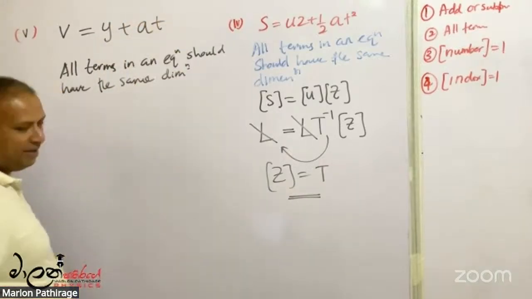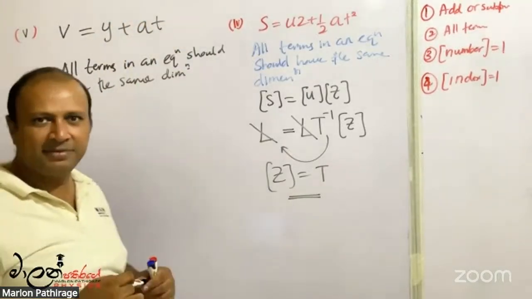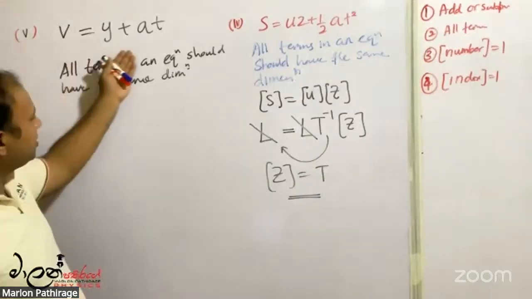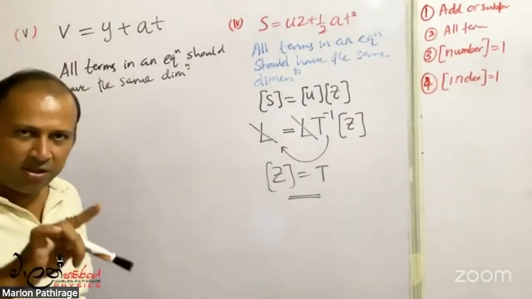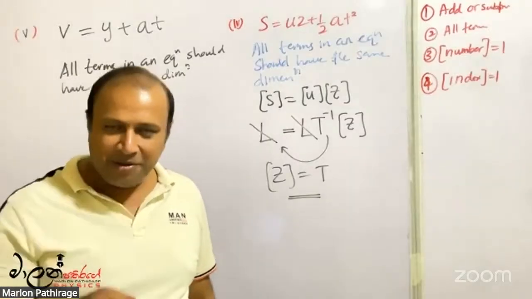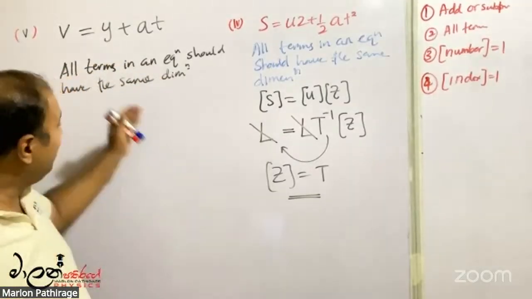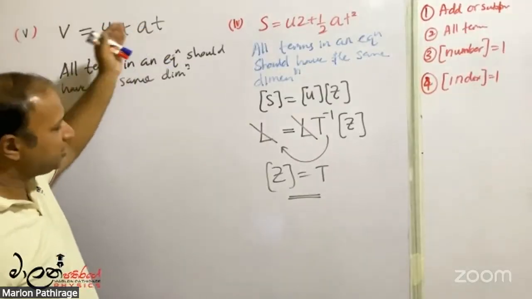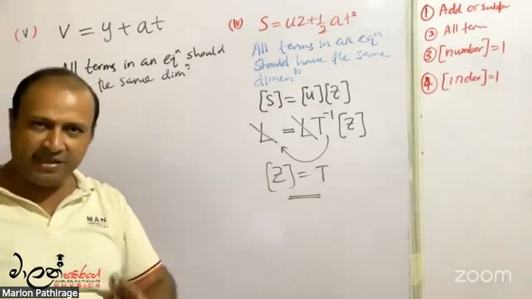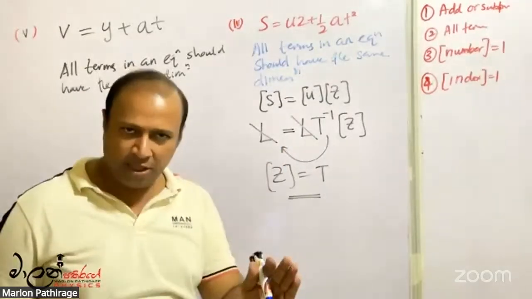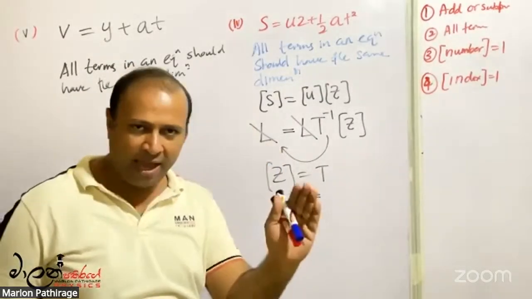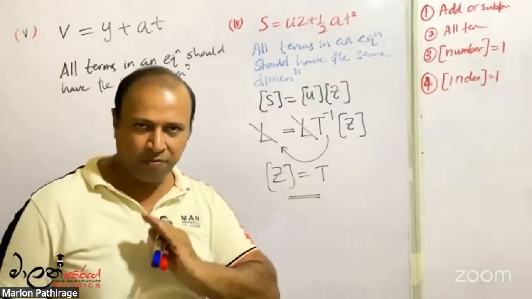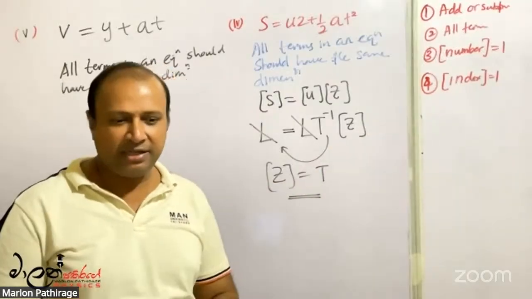This is a very easy one. Now this is the equation, and you have to determine the dimension of y. So the argument is, if this is an equation, all the terms in this equation should have the same dimension. You can use that argument.